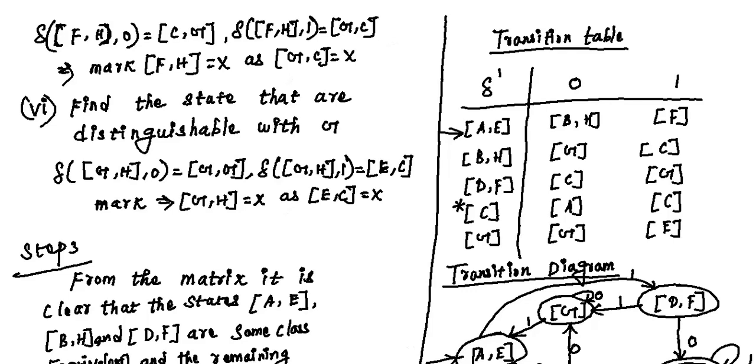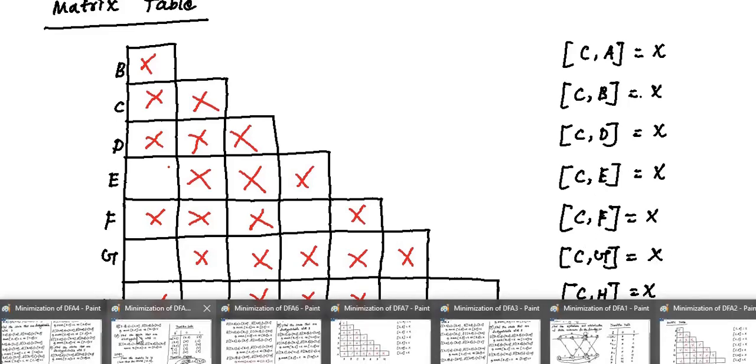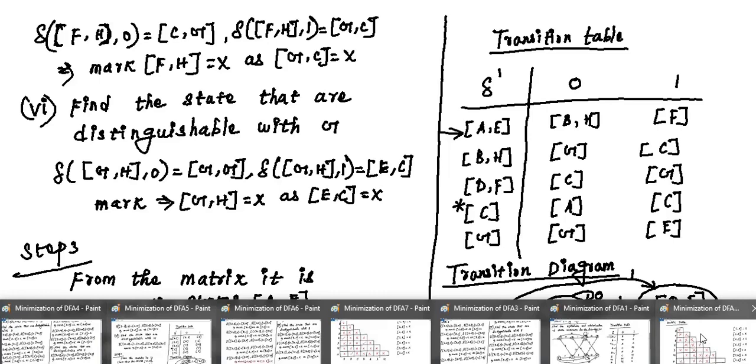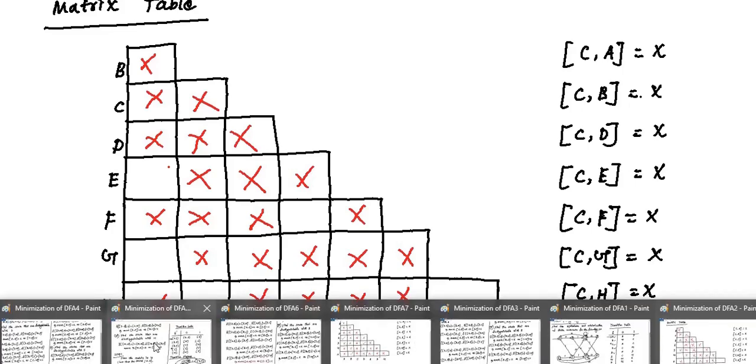In the first step, we already put a cross mark, CG cross mark. So here CG, GC both are the same. Then mark FH equal to cross mark because GC is a cross mark. Here FH cross mark. Here in the matrix table FH cross mark. Then move to the next step.